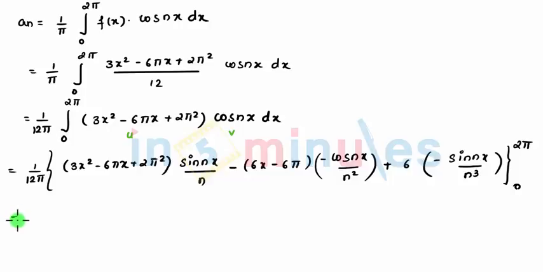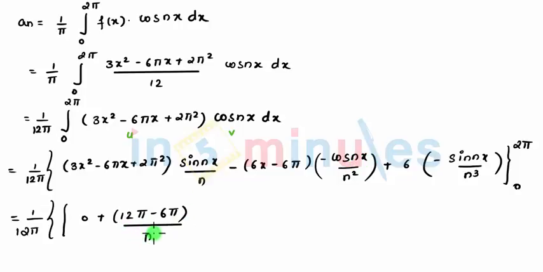So now I can say 1 upon 12 pi, when you put upper limit 2 pi, sin 2 pi is 0, minus and minus becomes plus. Here when we put 2 pi, that comes to be 12 pi minus 6 pi, and cos 2n pi is 1, so this gets divided by n square.